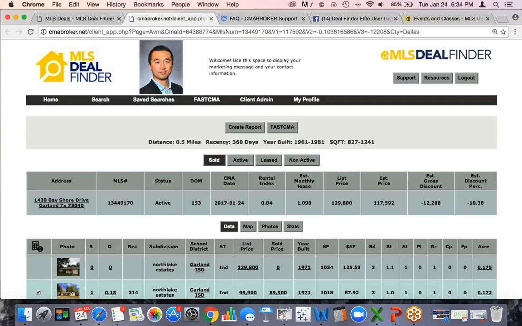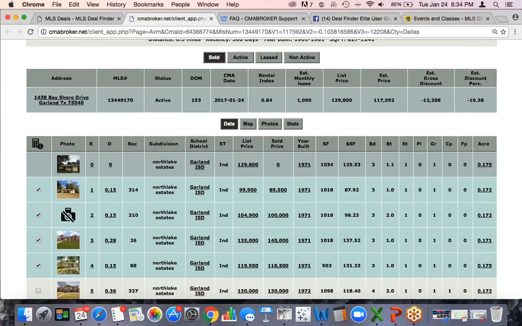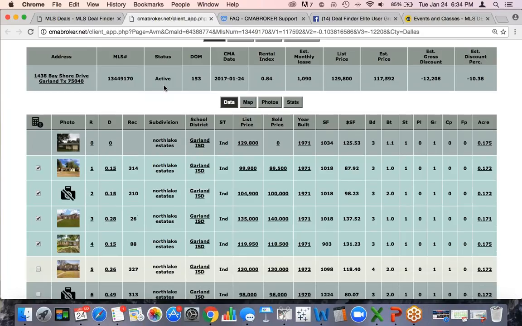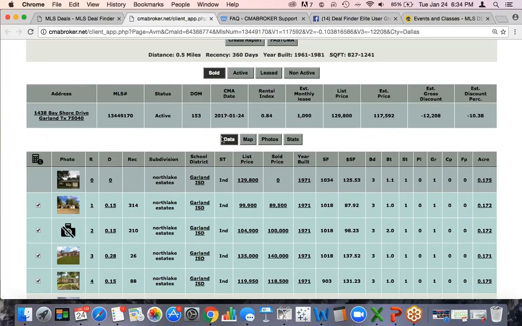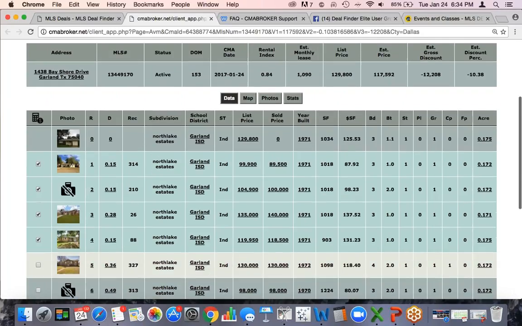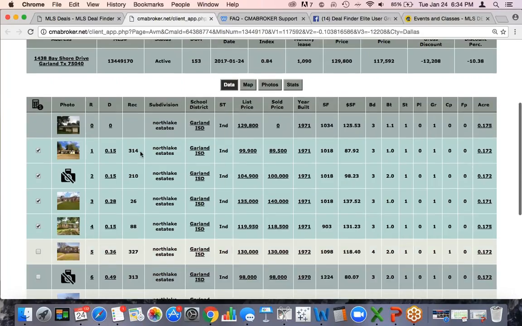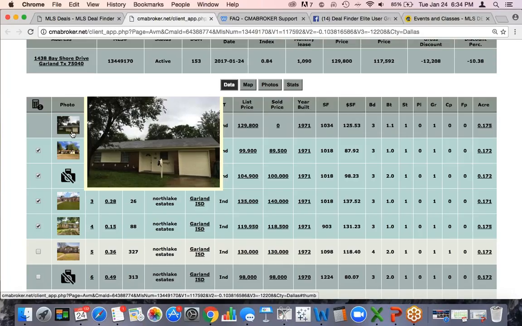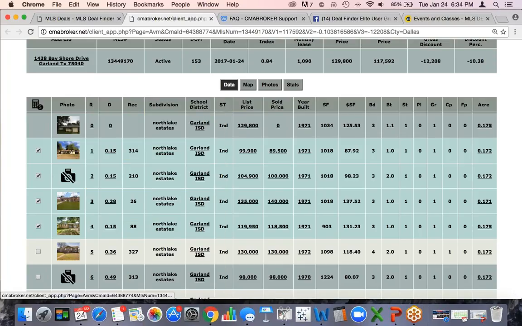I have another advanced training that goes over how to analyze properties. But here you can see we're looking at the sold comps data view. This is the property that's for sale, and these are the properties that we have chosen as comps.